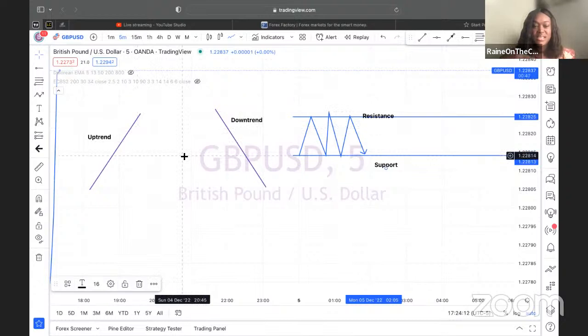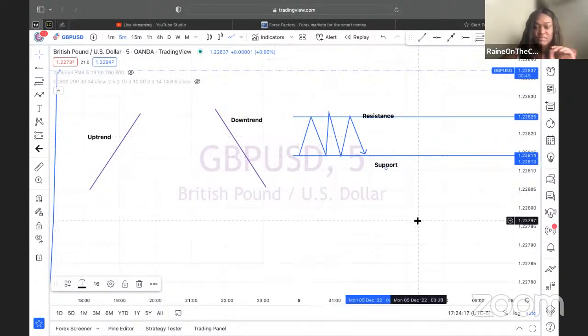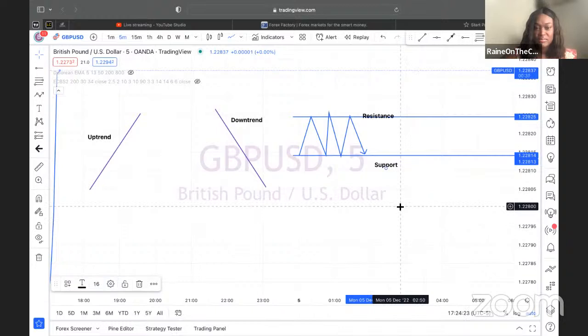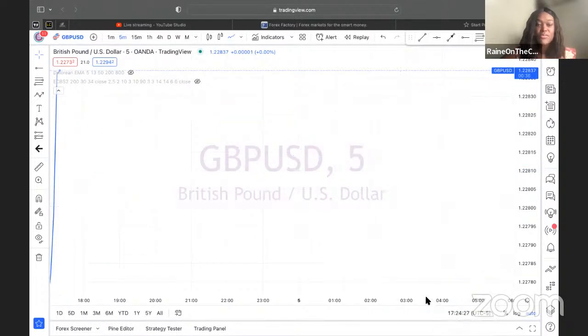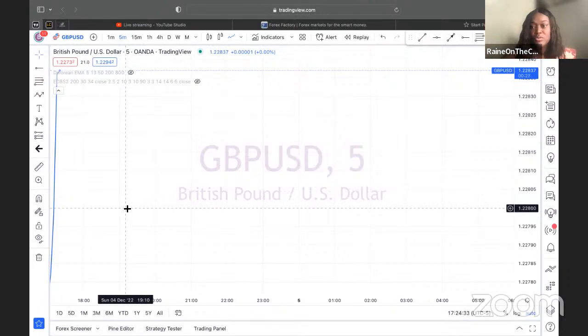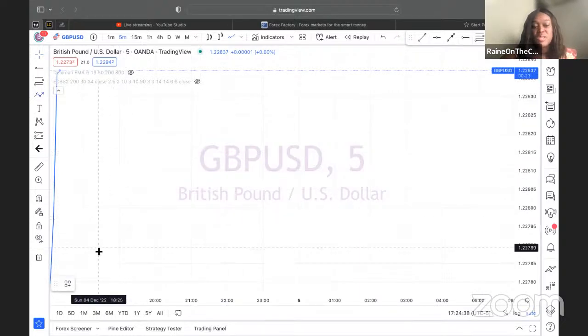Anybody need to take a screenshot of this? Go ahead. I'm going to erase all of this. You guys got it? Okay. So I'm going to focus on the uptrend. I know I just drew a straight line, but we know that it doesn't look as pretty as that in the market. It looks something more like this.